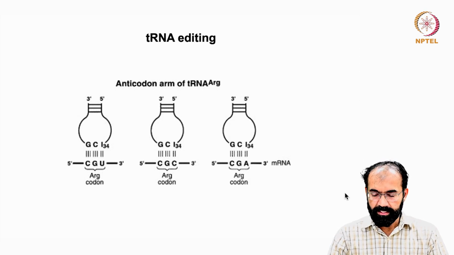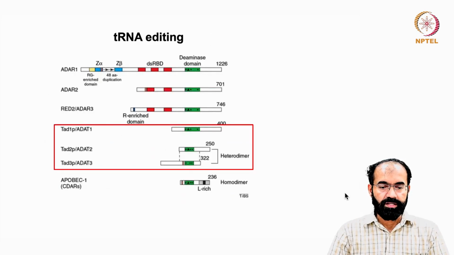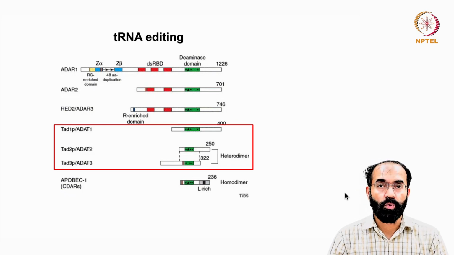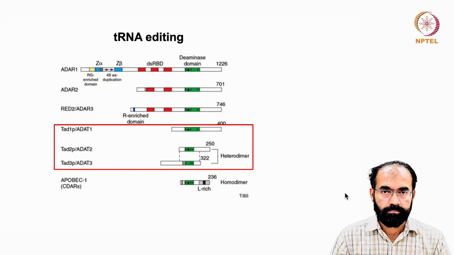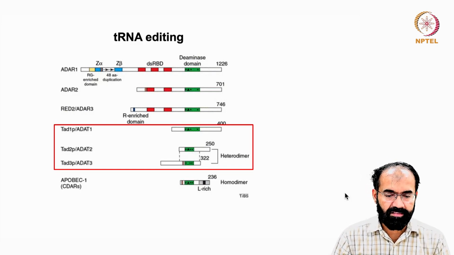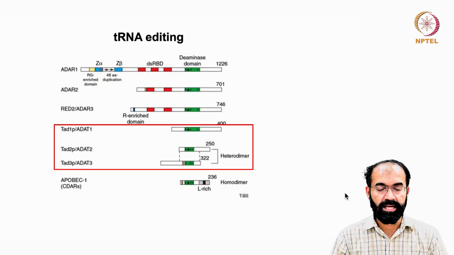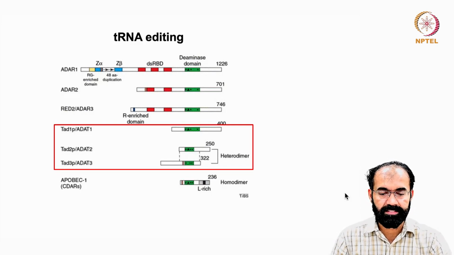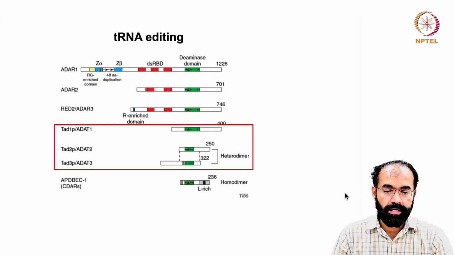We were here in the previous class discussing different proteins that are capable of editing RNA at specific levels, and we know these RNA editing enzymes have a specific domain for recognizing the RNA, and also a specific domain for the deaminase function.